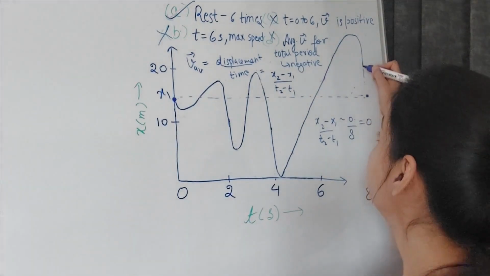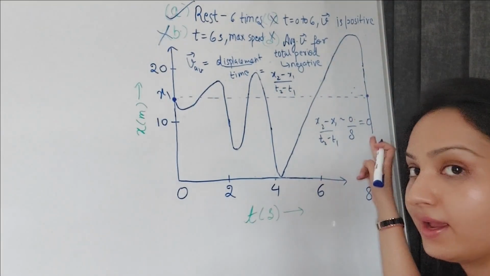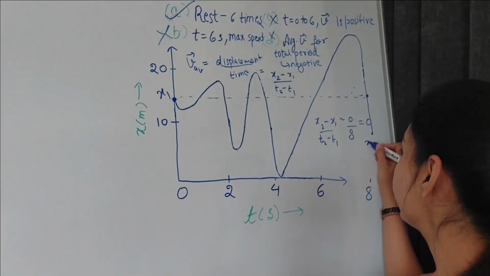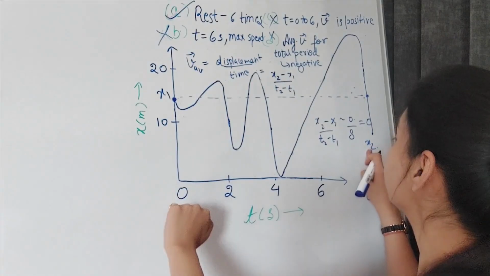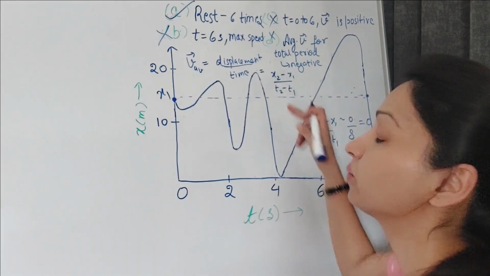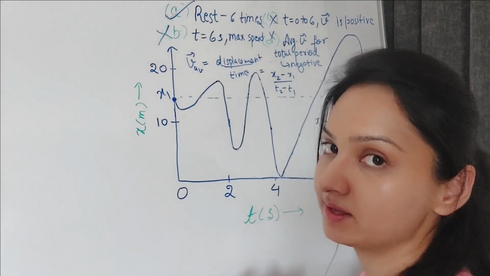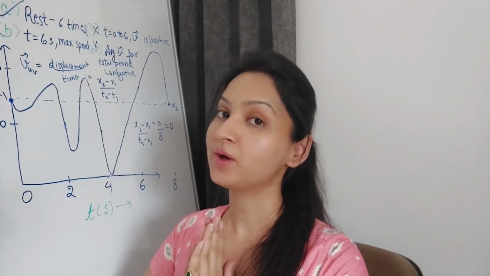And if this graph had been like this, ending here, for example, clearly this point is lying lower than this. In that case, the displacement would have been negative and the average velocity would have been negative as well. So that was all for today.